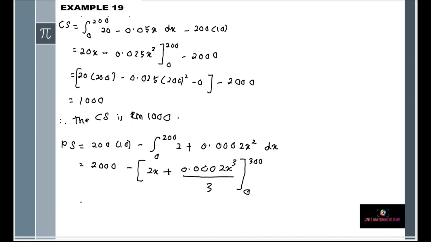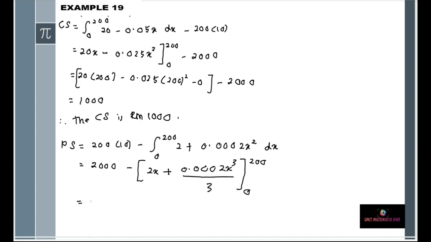Okay, next we substitute, so we have 2000 minus 2, why 300 there? This one is not 300, sorry guys, that one is 200.